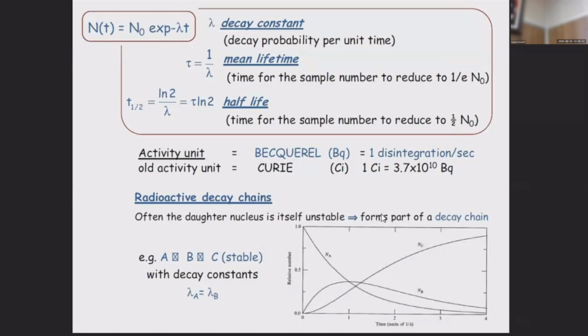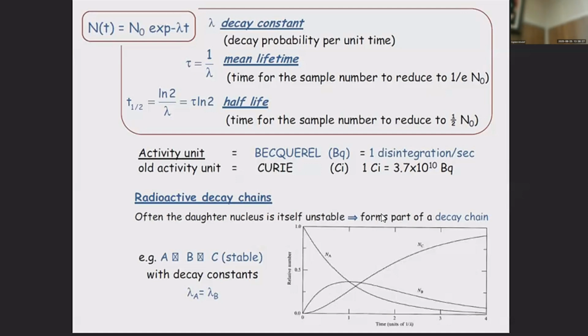Therefore, 1 over lambda is the mean life of the unstable nucleus, and half-life is given like this. Mostly, in radioactivity, we will be using this half-life, basically.